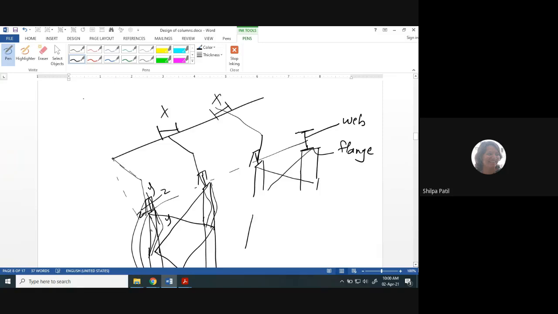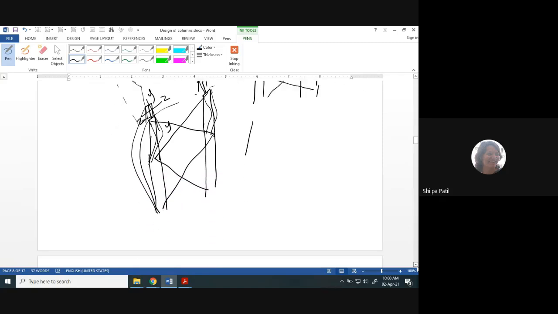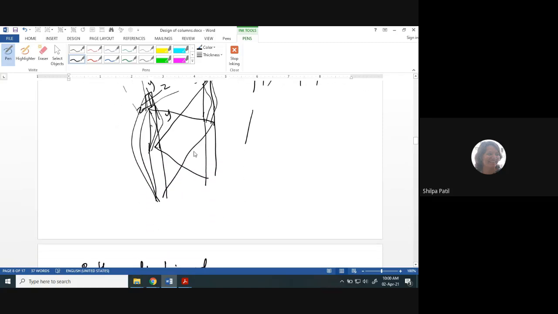If you see, this is your top view. If this is the top view of your shed, the columns are placed like this.